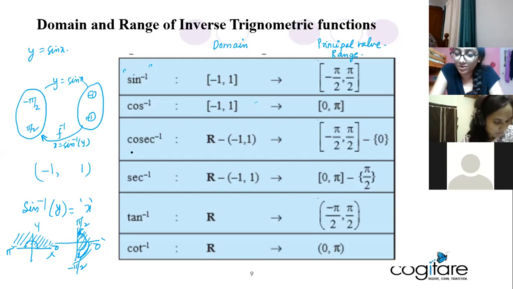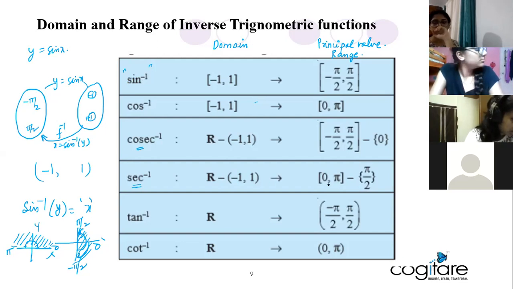So in the range for cosecant inverse, you have to chop it off. Similarly, cos pi by 2 is 0, so secant pi by 2 is 1 by cos pi by 2, undefined. So when you're talking about secant inverse of x, you have to remove pi by 2 from the principal value. Wherever infinity or undefined is coming, such values you have to remove.